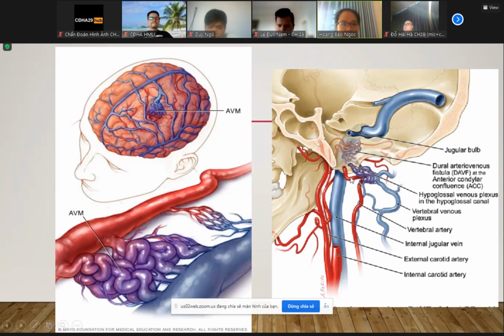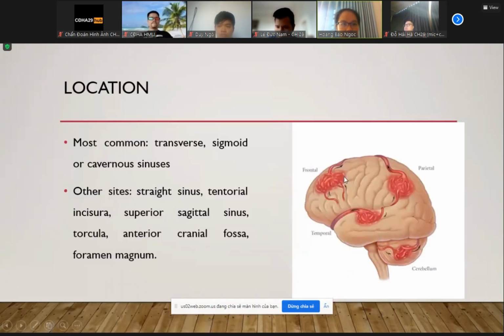For location, as it is a dural fistula, theoretically it can occur in any part of the dura mater, but the most common places are the transverse, sigmoid, and cavernous sinuses, and the second most common ones are the straight sinus, tentorial incisura, superior sagittal sinus, tubular, anterior cranial fossa, and foramen magnum.